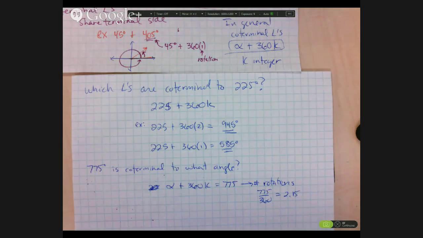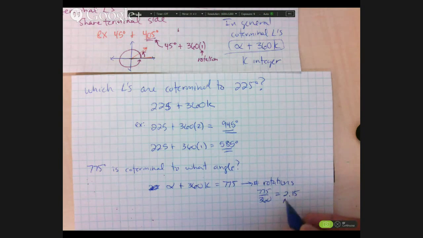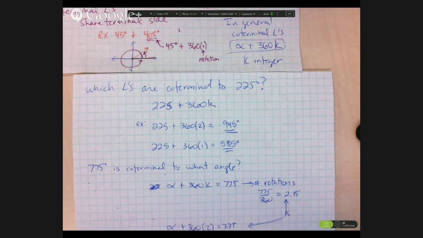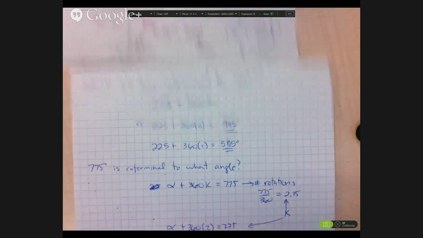Okay, so k is 2. Okay, so plug k in and solve it for alpha.